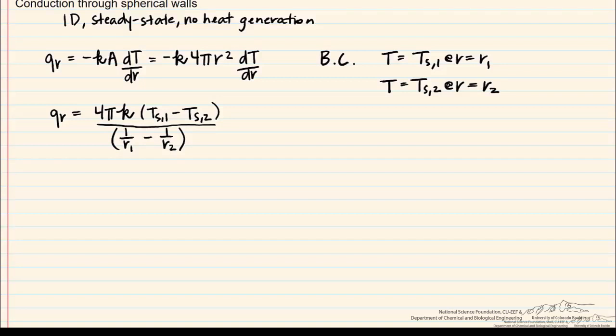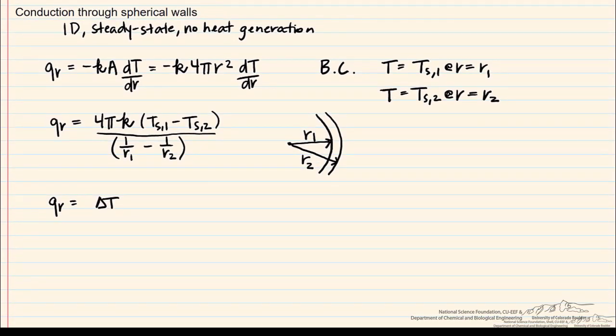And so what we're looking at is a shell like this, where our r is always measured from the middle, r equals 0. And so here's our r1, and here's our r2. We can also write this in terms of a resistance, such that Q_r is delta T divided by the sum of the resistances, that right now we're calling conductive resistances, between those two temperatures.